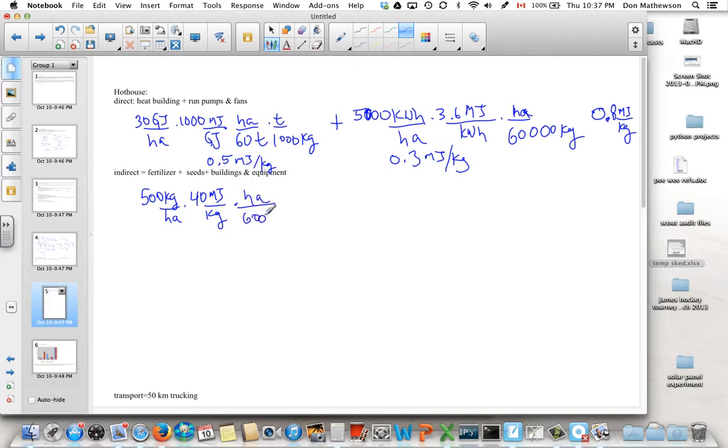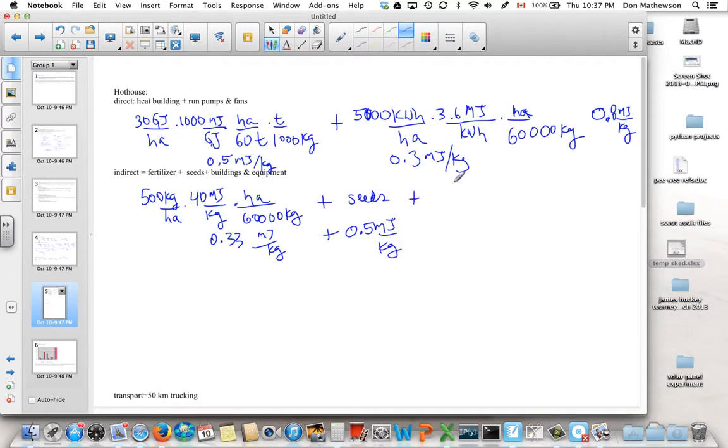A hectare makes 60,000 kilograms. So that works out to 0.33 megajoules per kilogram. Then we've got the seeds. And as before, we said that was about half a megajoule to make a kilogram of seeds.